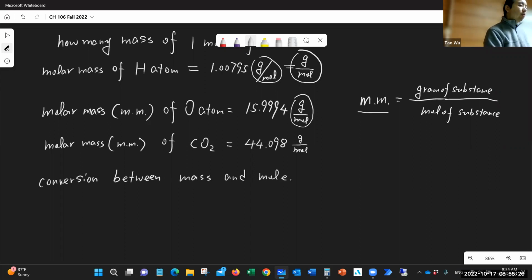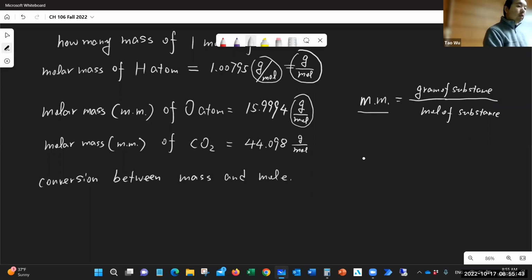If you look at this equation, very important, molar mass is equal to mass over mole, not mole over mass. Gotta remember, molar mass is mass over mole.